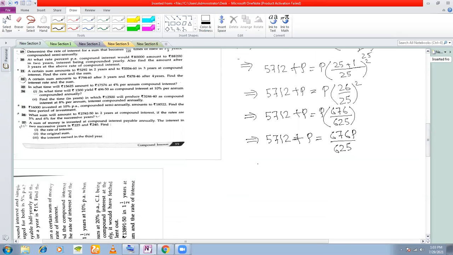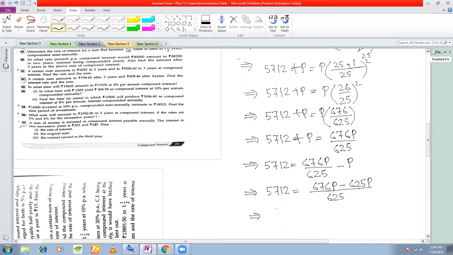Now you take all the P. This is a simple linear equation. That means you take P on one side, 676P by 625 minus P. That means 5,712 is equal to, take the LCM, 676P minus 625P.